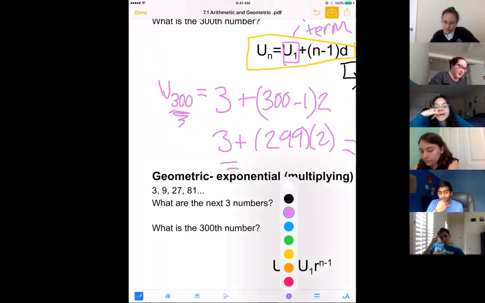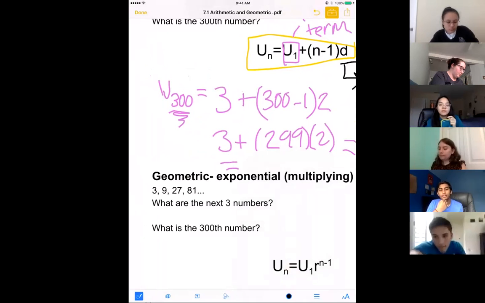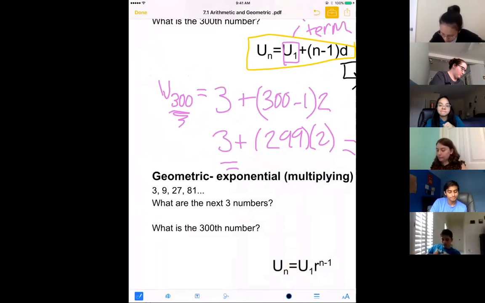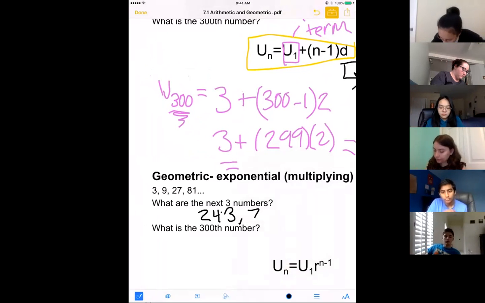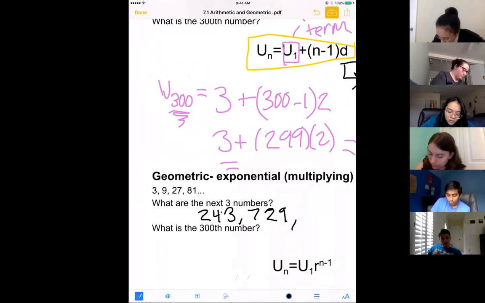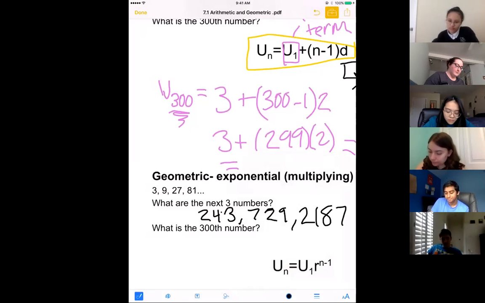So what would the next 3 numbers be? 243, 729, and 2187. What's the pattern here?